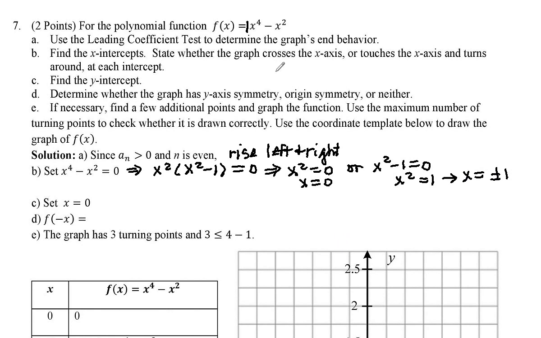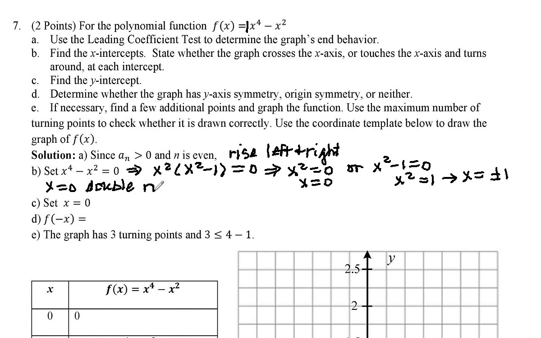And then we want to tell, does it cross or does it touch the axis and then turn around at the point? And remember that the way that you determine that is by whether or not you've got a double root at that value. So x equals 0, for example, is a double root because x squared gives x equals 0 twice.